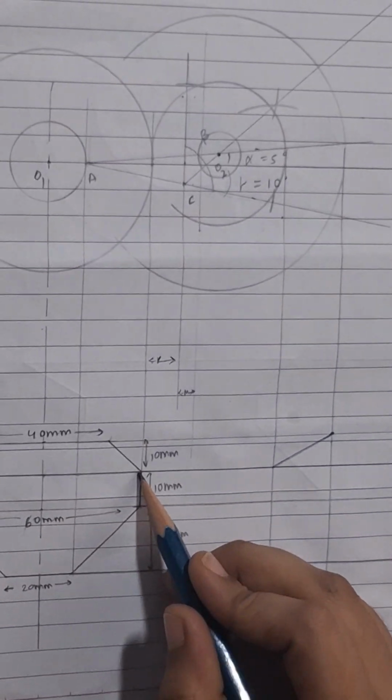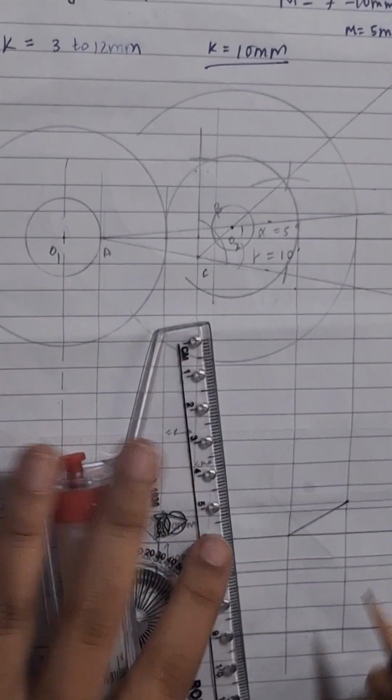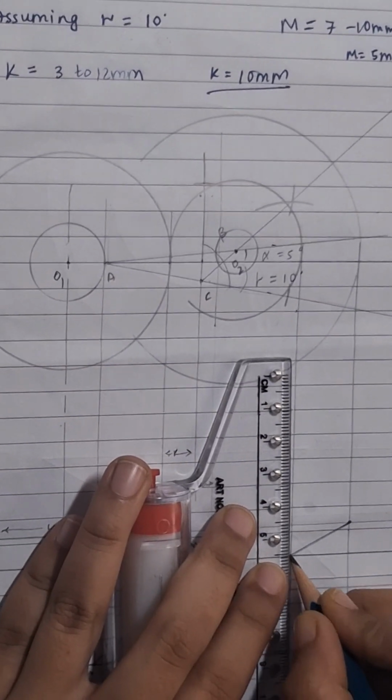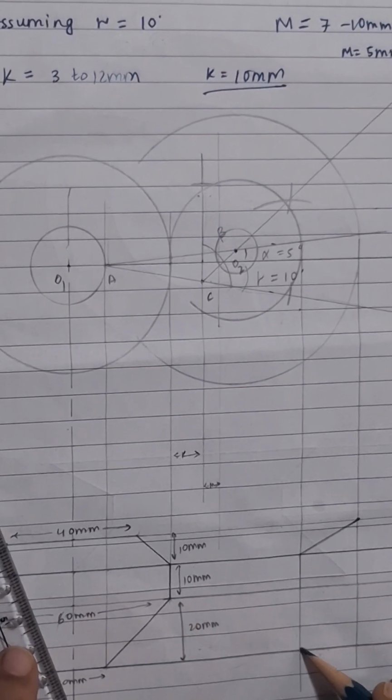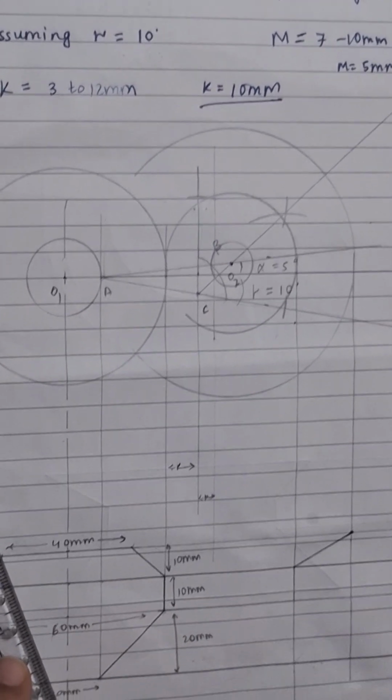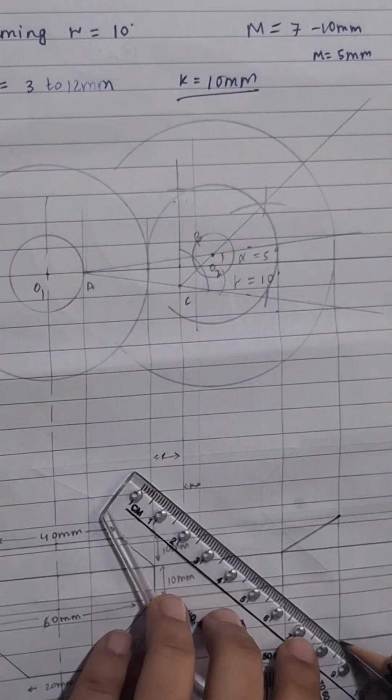The next section is a straight line, so I will again draw a straight line. Now it is this way, so you are not going to join these lines like this, but on the opposite sides. So this way.